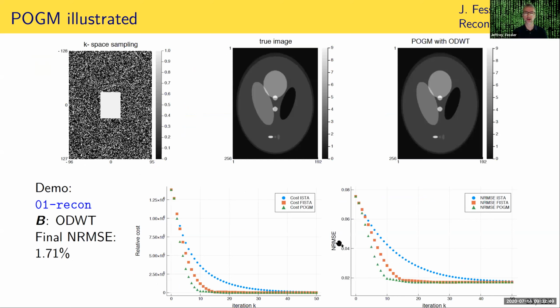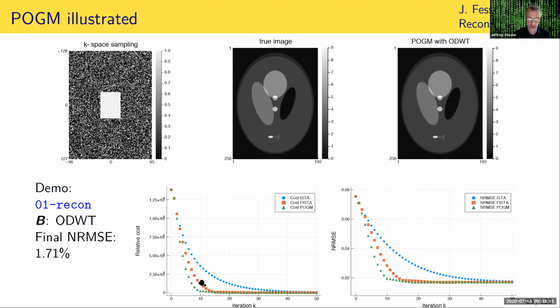All right, so here's a concrete example. Same data that I showed you before, but now a different cost function. I'm using my B here as an orthogonal discrete wavelet transform, and so I have a 1 norm on the wavelet coefficients here. And I'm plotting the cost function versus iteration. The blue curve is the classic iterative soft thresholding algorithm, the proximal gradient method.